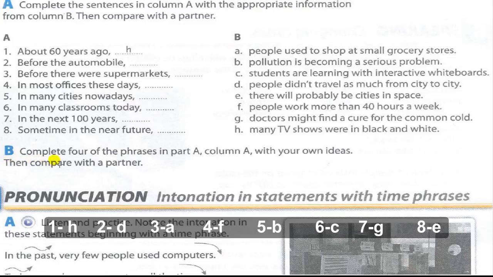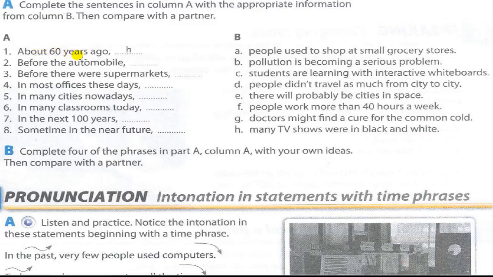B. Complete 4 of the phrases in part A, column A, with your own ideas. Then compare with the partner. Now, after we answer and match, let's make the sentences by ourselves. Example: about 60 years ago, we didn't have TVs in Egypt.